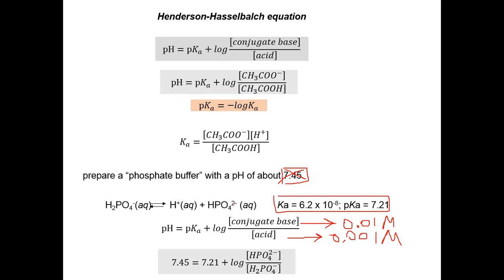So how to find the pH? You just plug in 7.21 here and all these concentrations.